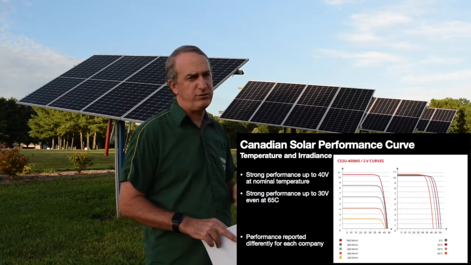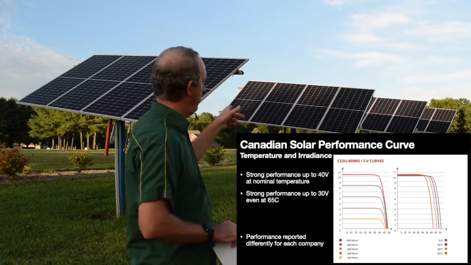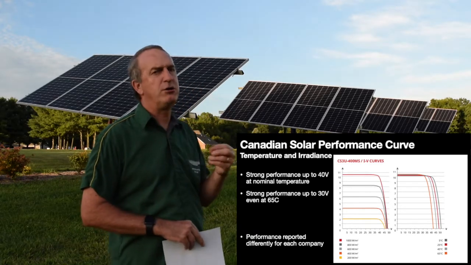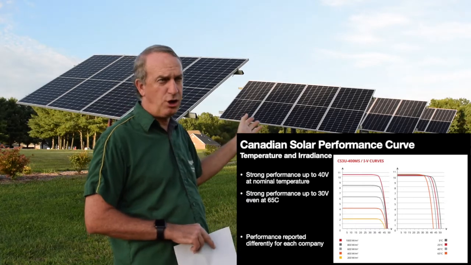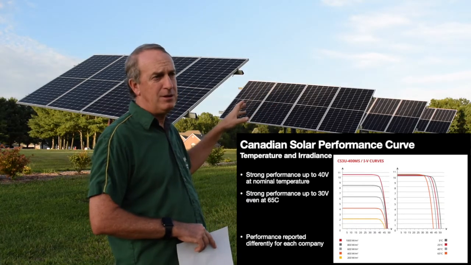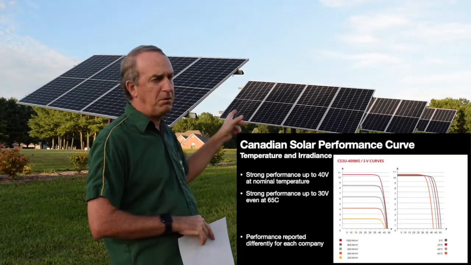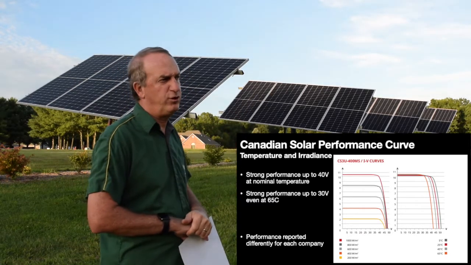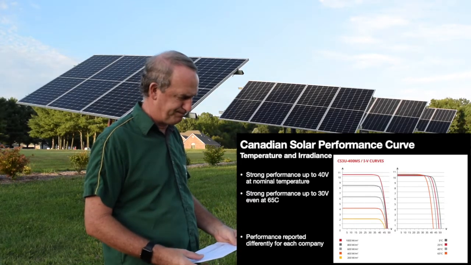The first panels that I bought, I had no idea. But when I bought these panels, I started to learn about this. Now that I've had them installed, and they're pointing the same angle, when the sun moves down a little bit, these panels perform a lot better than the old ones. So that's an important trait.